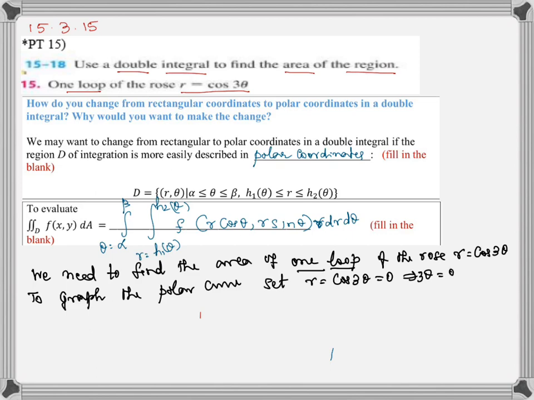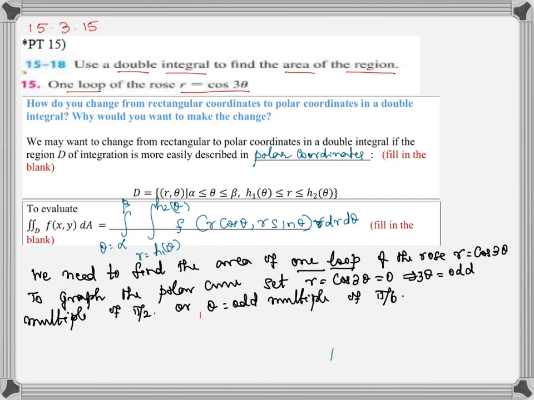So we are seeing where it crosses the axis. 3 theta is an odd multiple of pi by 2, or theta is an odd multiple of pi by 6. So we'll take the first one because we are asked to find only one loop.